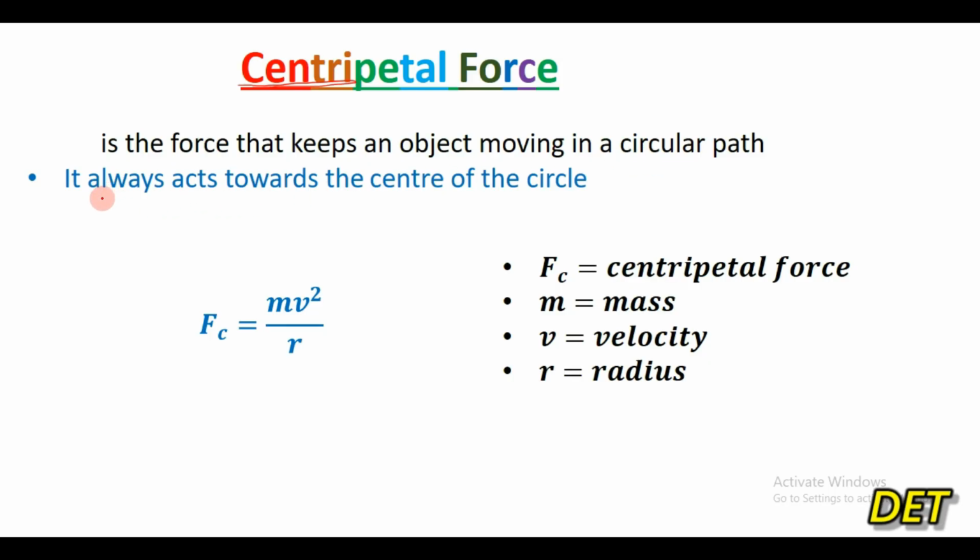So one thing that you must know is that centripetal force is always directed towards the center of the circle. So the formula of centripetal force is Fc is equal to mv squared all over r, where F is the centripetal force, m is the mass, v is the velocity, while r is the radius, right?